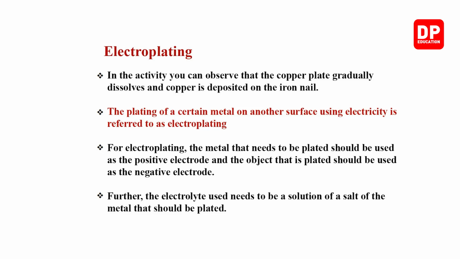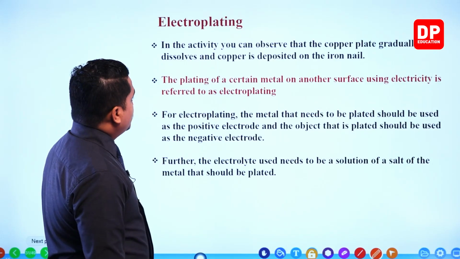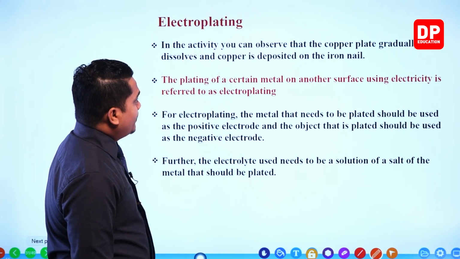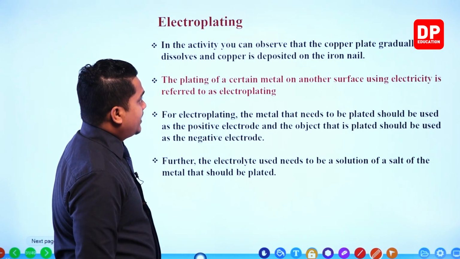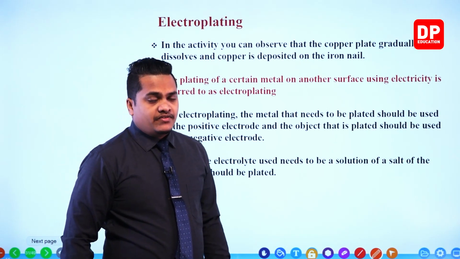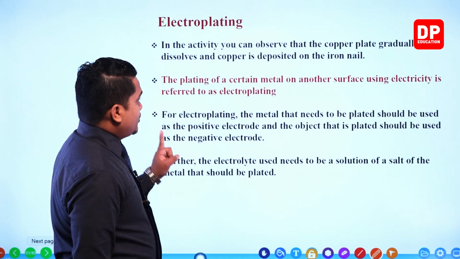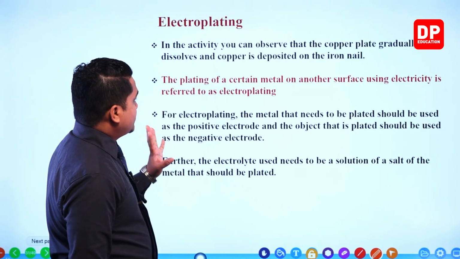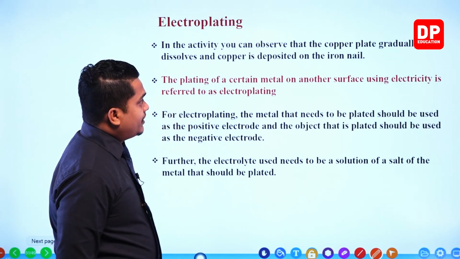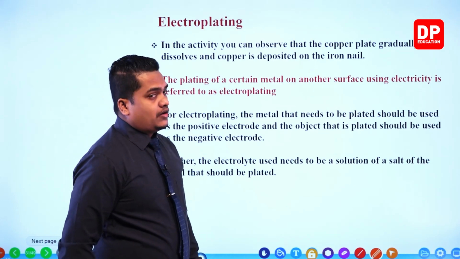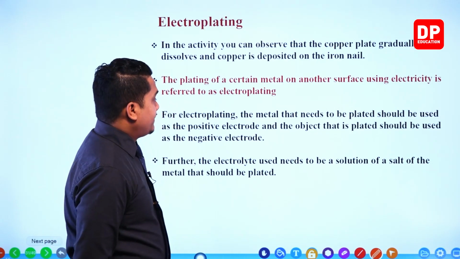In the activity you can observe that the copper plate gradually dissolves and copper is deposited on the iron nail. So like I said, we wrote down these observations. First observation is the copper plate gradually dissolves, and the second is copper is deposited on the iron nail, or copper is plated on the iron nail.